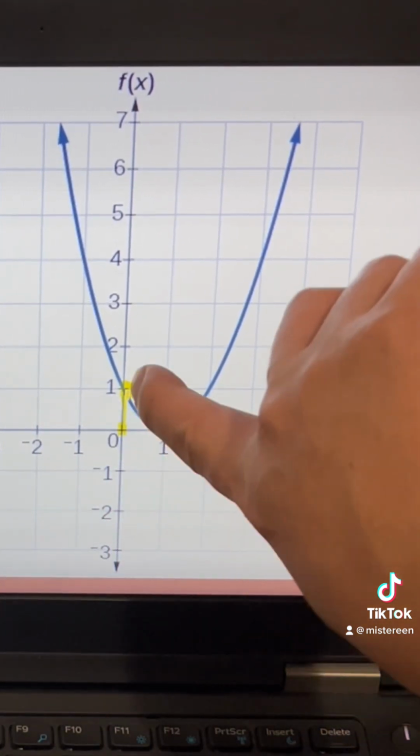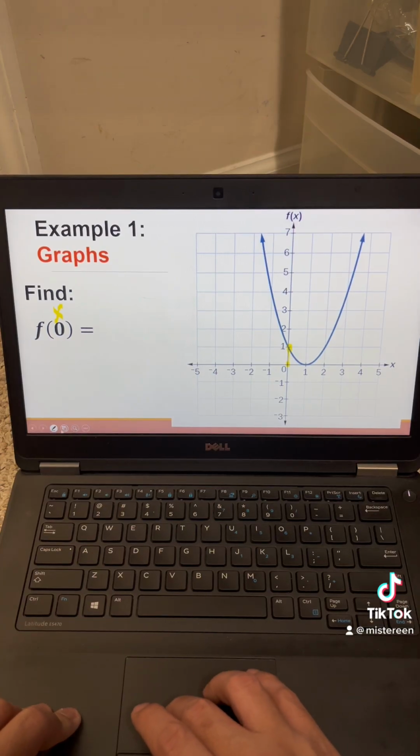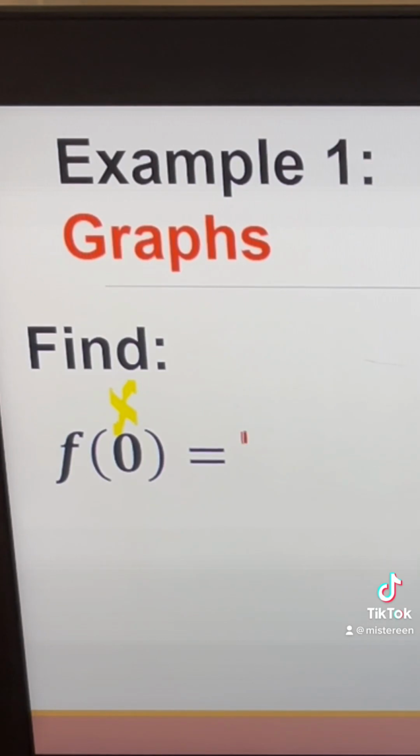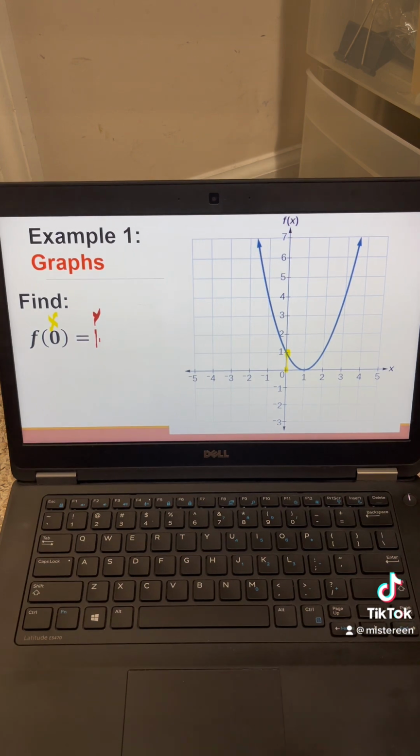So f of 0 is 1, wherein x is 0 and y is 1.